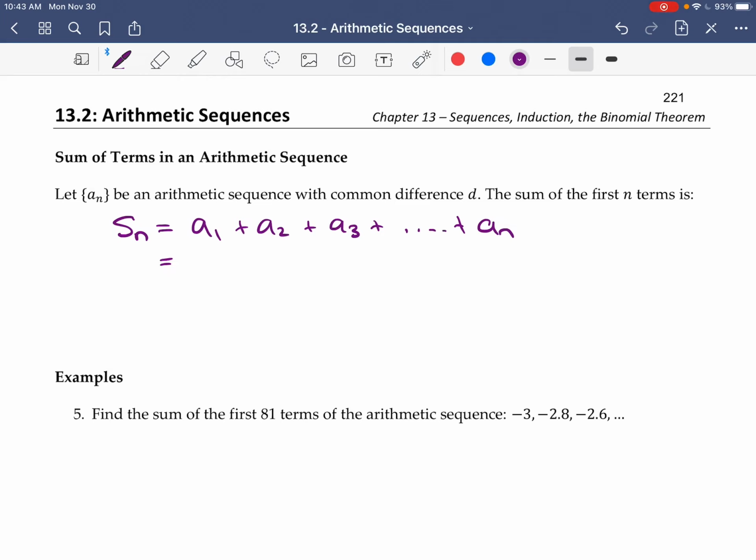Okay, so A1 is just A1, but A2, using the formula, is A1 plus D. A3 is A1 plus 2D. And you keep going, so An is A1 plus (n minus 1) Ds.